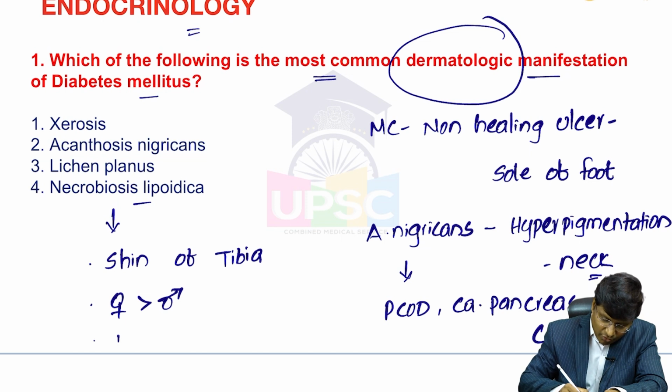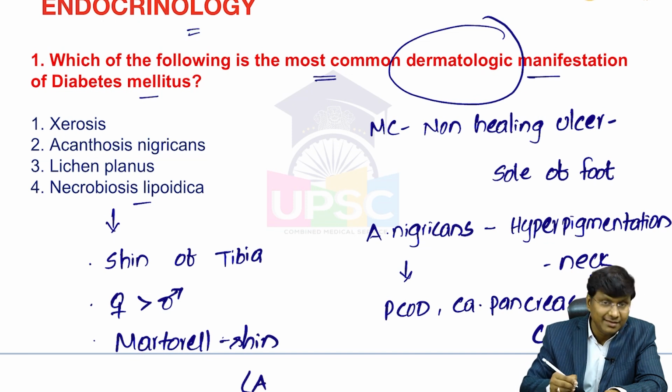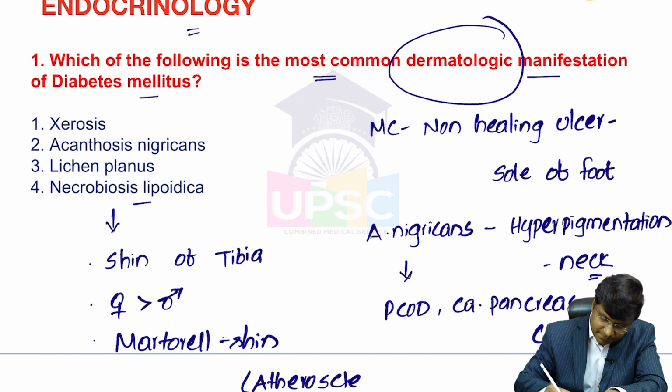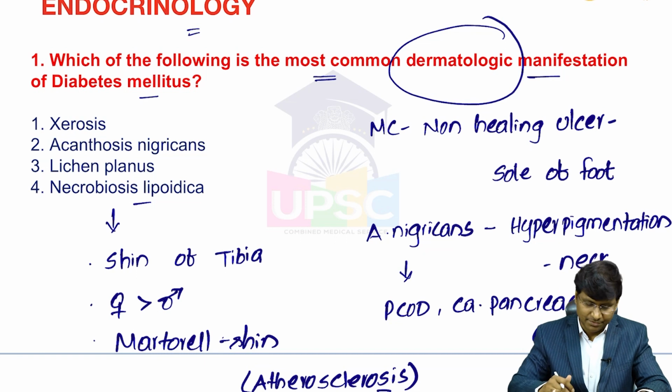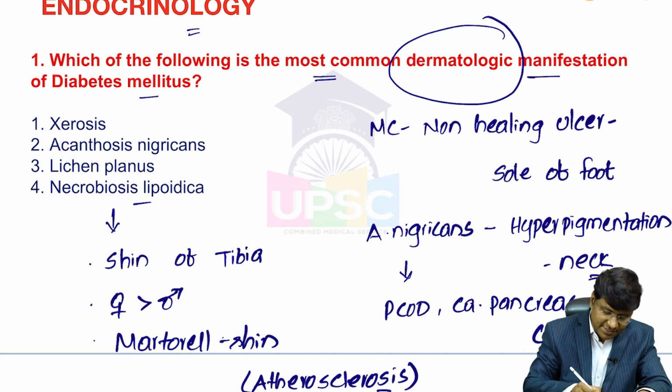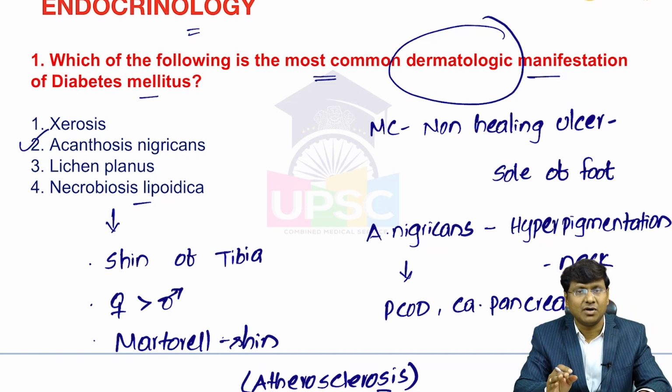And this martoral ulcer, which is observed over the shin, is seen in atherosclerosis, right? So this is due to atherosclerosis. So that is about necrobiosis lipoidica diabeticorum. Now, among these options, the most common dermatological complication is acanthosis nigricans.